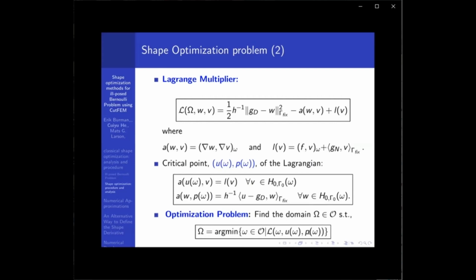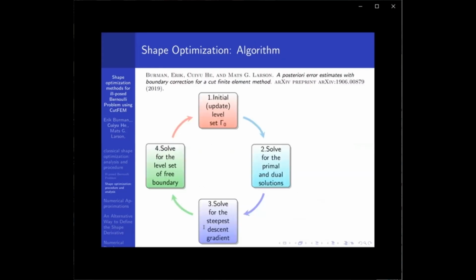In order to solve for omega, we will use an iterative method of the gradient descent type. And now I would like to summarize the algorithm that we use. First, we choose a reasonable initial guess for the free boundary gamma 0, and we represent it as a level set function. And then we solve for the primal and dual solutions based on the Lagrange multiplier.